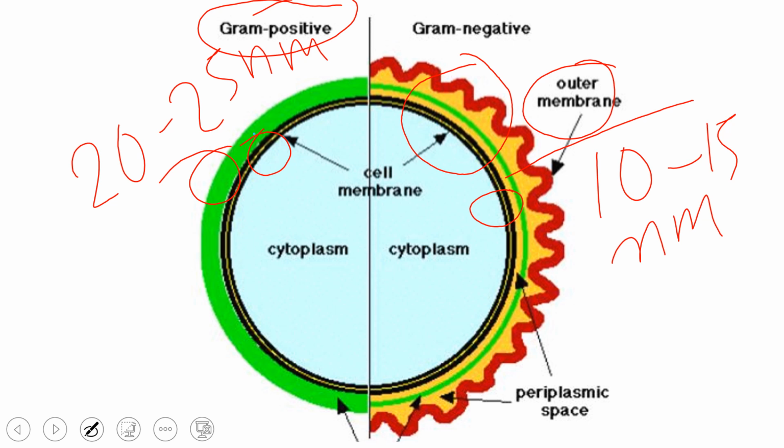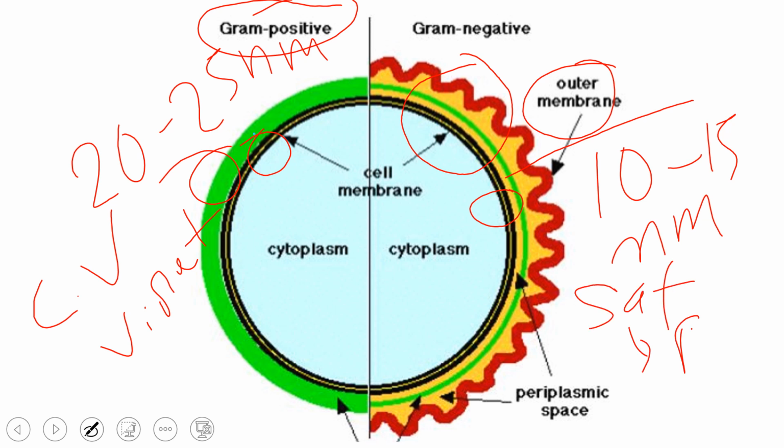The gram-positive bacteria will retain the crystal violet and will be violet in color, whereas the gram-negative bacteria will retain the safranin and will be pink in color. So these are the basic differences between the gram-positive and the gram-negative bacteria.